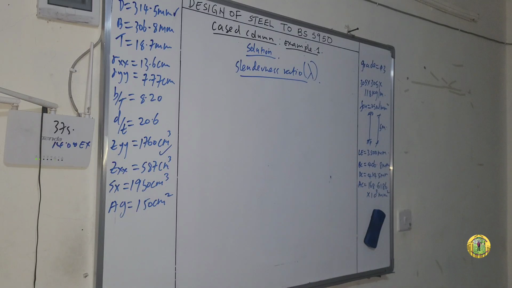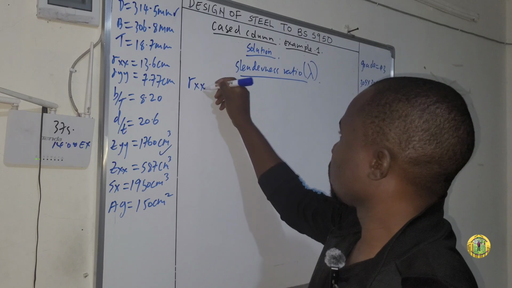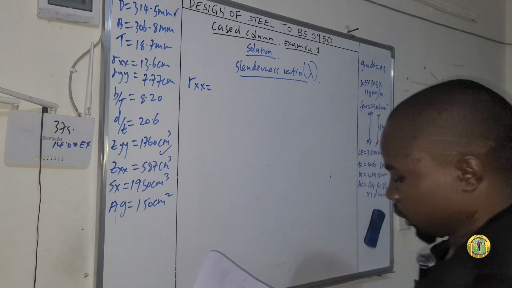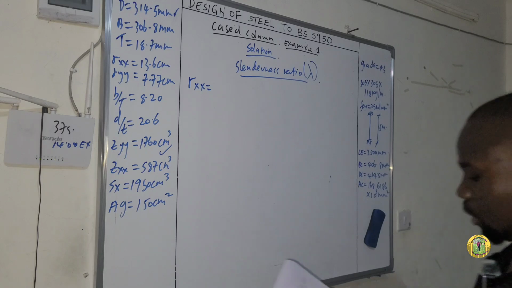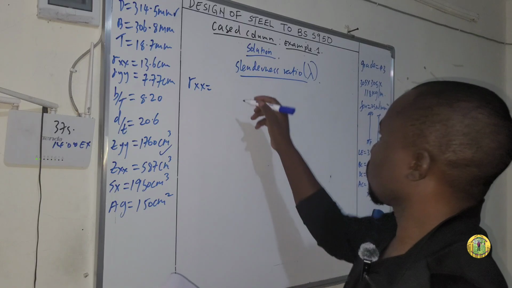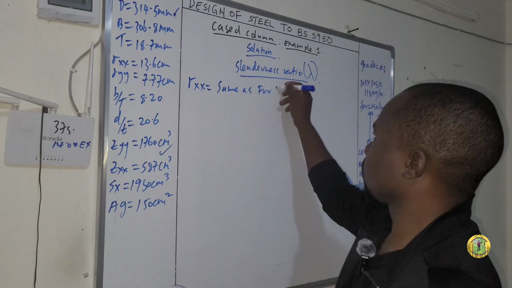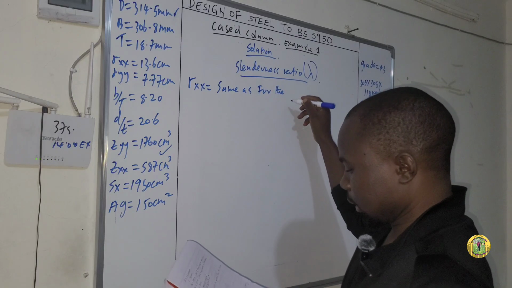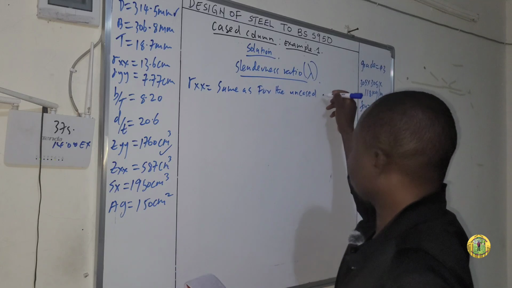So for the cased section, Rxx is the same as for the uncased section.